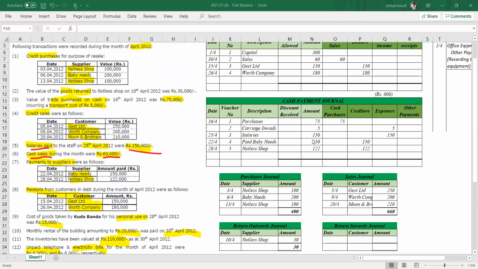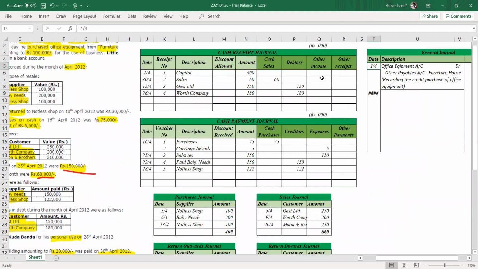General journal. Yes, it is recorded in the general journal. Okay. 28th April, take it under general journal.